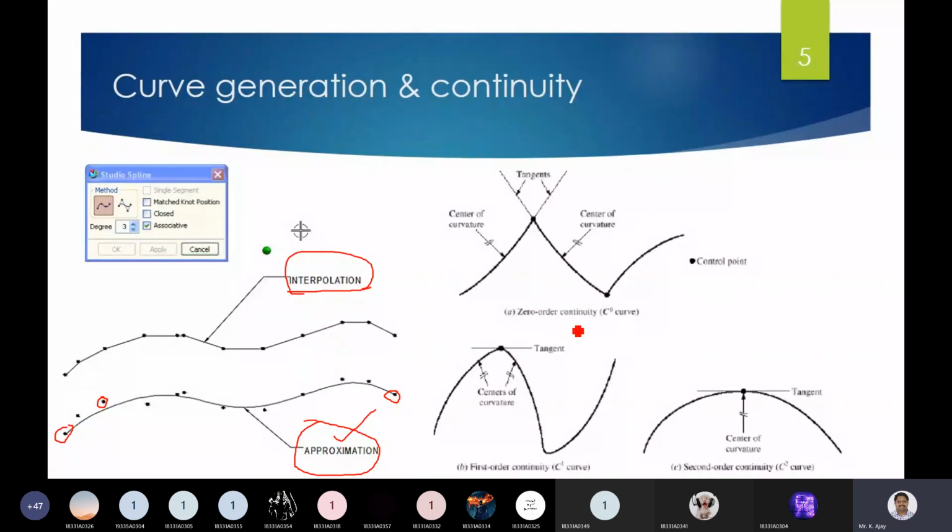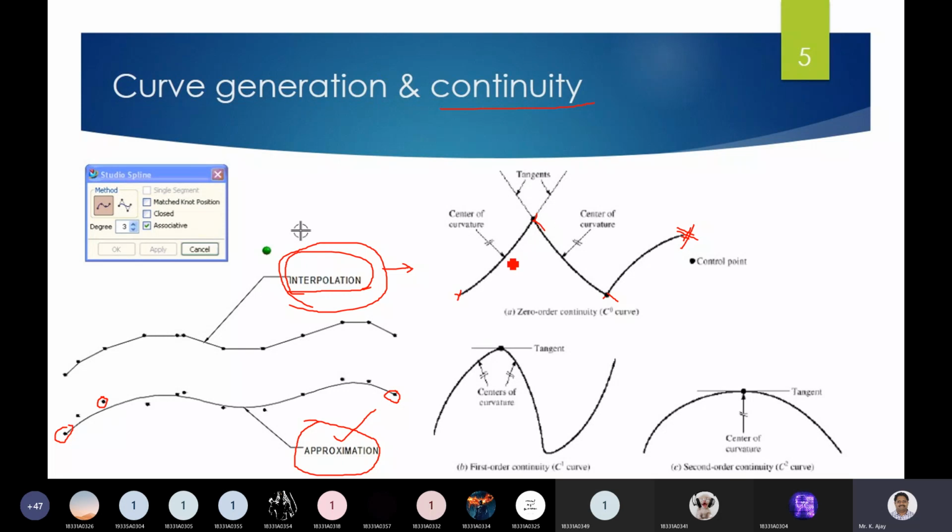Now coming to the meaning of continuity, look at here. Let us say there is a point here, another point here, and another point. You just picked some points like this, and here we are trying to understand interpolation. In interpolation itself, what do you mean by continuity? That's what we are trying to understand.